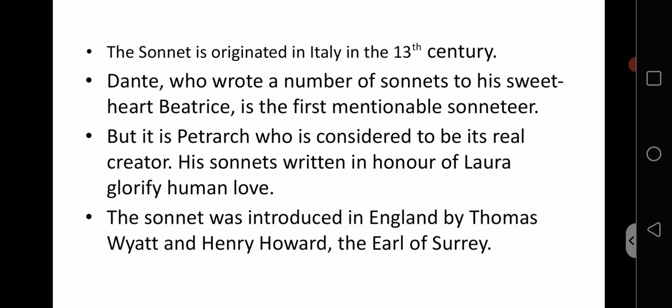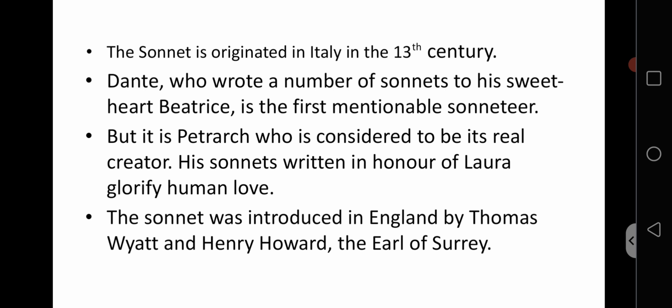So, the sonnet is not an English form of literature. It was borrowed from Italy. If you look at its origin, it originated in Italy in the 13th century.